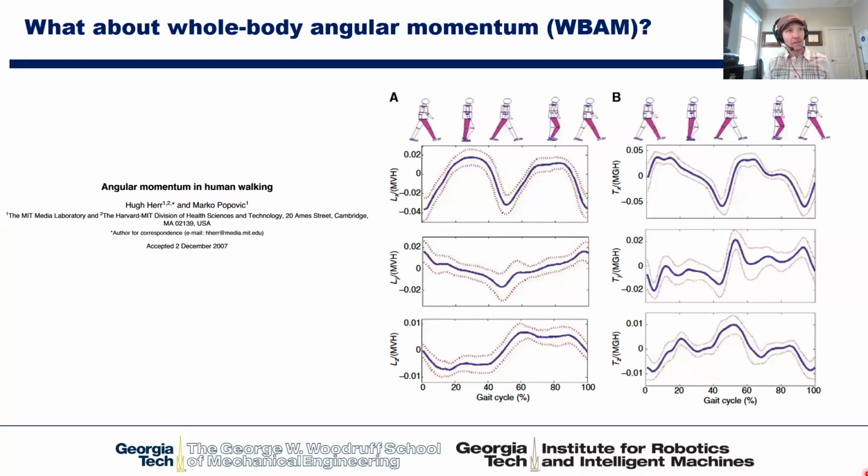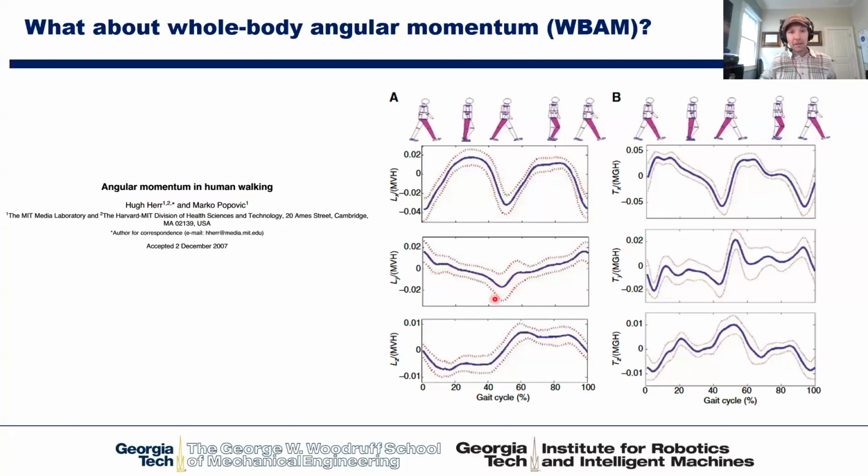regulating that angular momentum. The sum of the moments on the ground equals the first derivative of the angular momentum of the body. This paper pitches the idea that there may actually be, I think it's sort of a requirement. It's no surprise to me that the physics say this should happen, but you're putting your foot in places on the ground to create moments around your center of mass that keep your angular momentum change centered around 0.